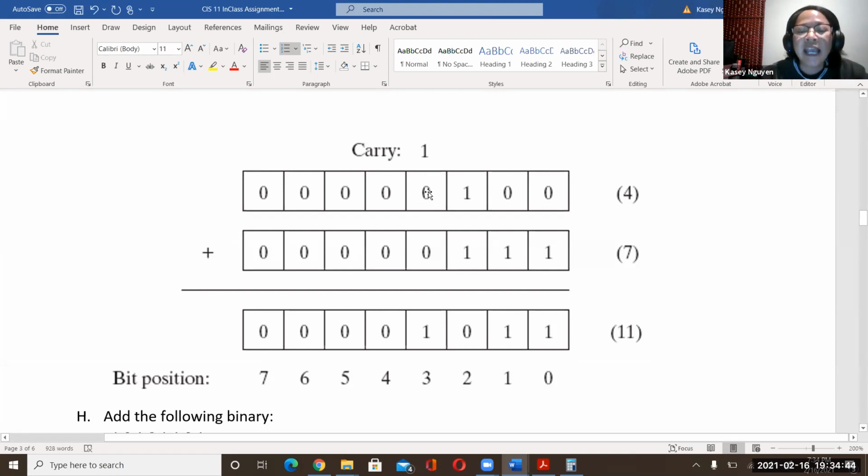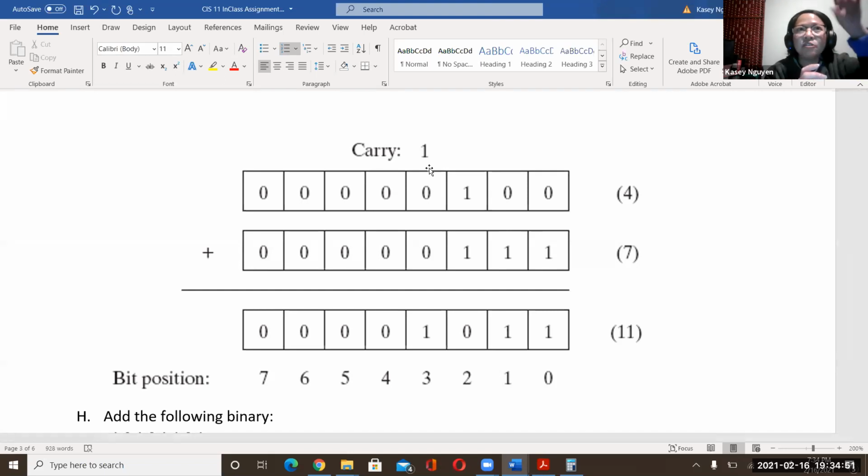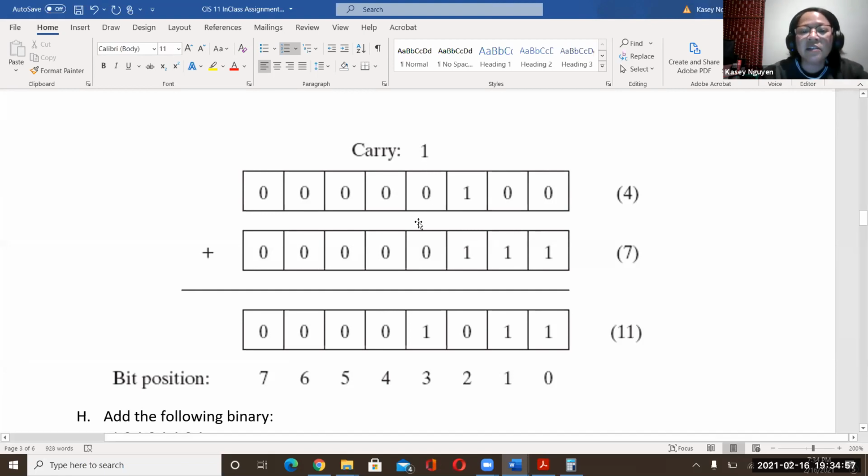Just like how you do addition with decimal numbers, you take that carry and add it to the number at the top and then add again. So we take the carry, add it to the 0, you get a 1. That 1 is added with the second number, which is another 1. And then a 0 plus a 0. So the carry is finished, and the rest are just 0.